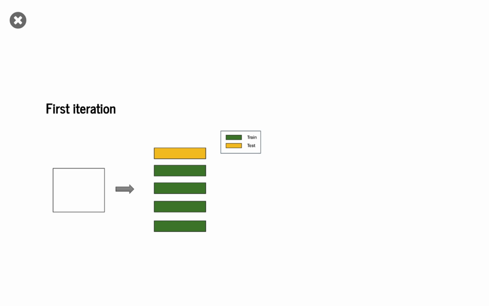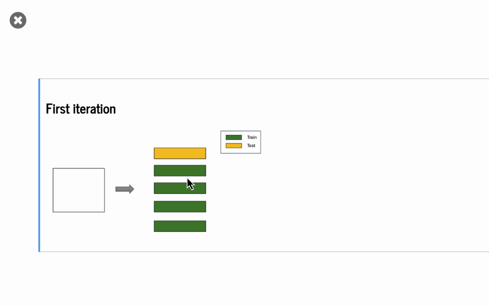The fold with yellow color is the testing data set, and the remaining 4 folds, I simply combine together to form the training data set. So it's the same as a train test split. For 5-fold cross-validation, the first iteration is simply an 80-20 split. So nothing is new during this iteration. We can train the model based on the green folds, and then we evaluate the model based on the test fold. Same thing as before, right?